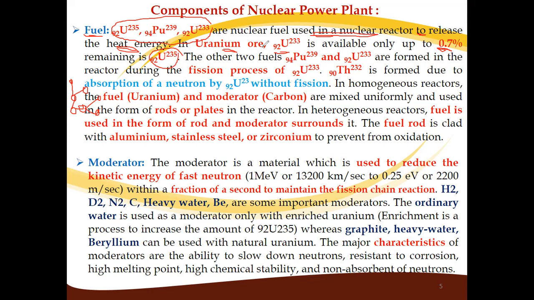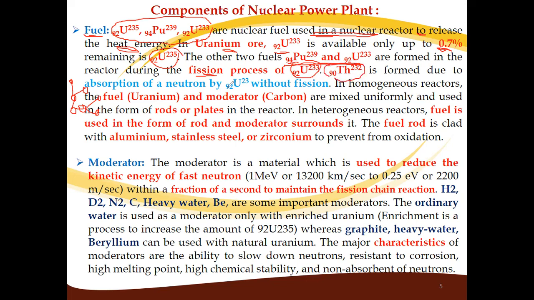So only that small fraction is available in the ore. The other two fuels, plutonium and uranium 233, are formed in the nuclear reactor during the fission process of this uranium.